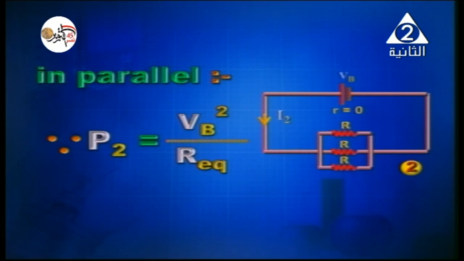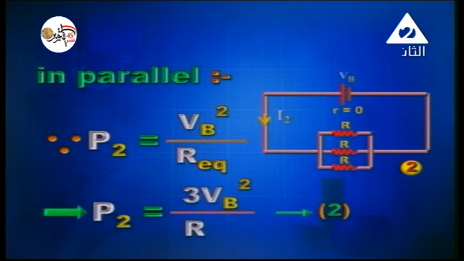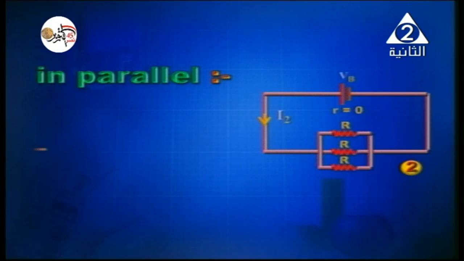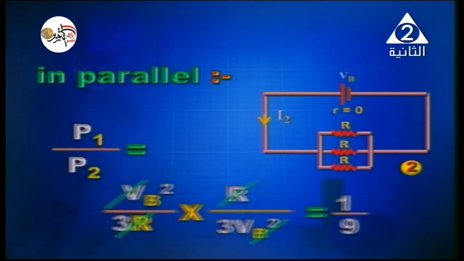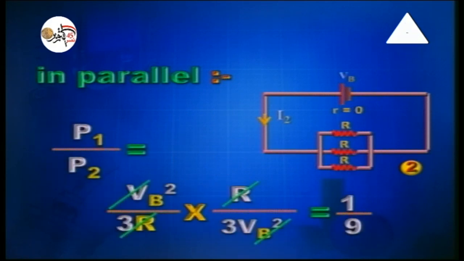And R equivalent is equal to R over 3. So it is 3 VB squared over R. So this is the power dissipated in the second case. Now we'll compare the dissipated power in the series connection to that in the parallel connection. When comparing the two powers, we'll obtain the ratio, which is 1 over 9.